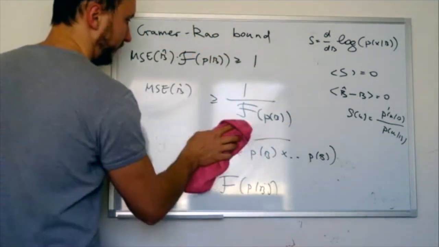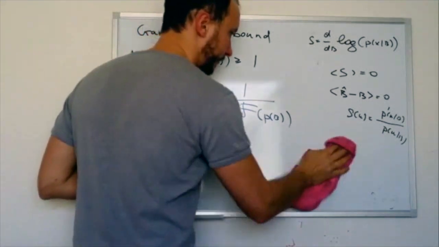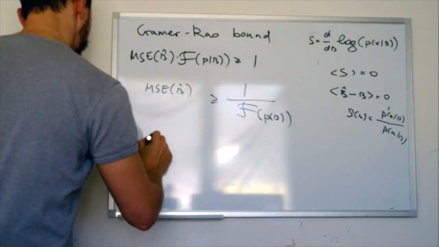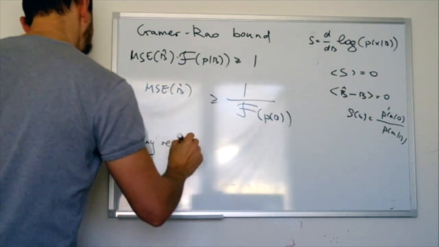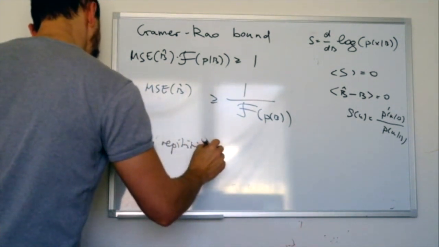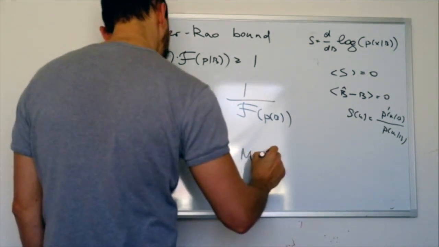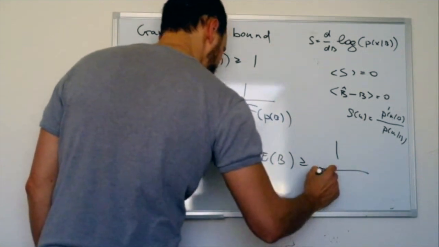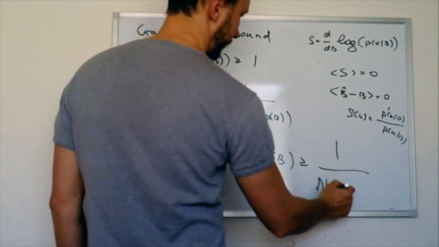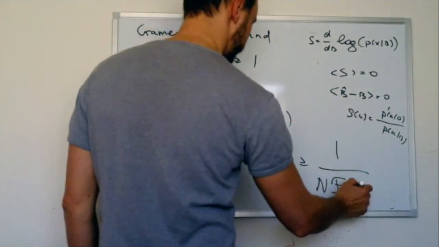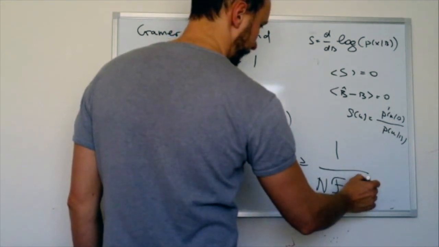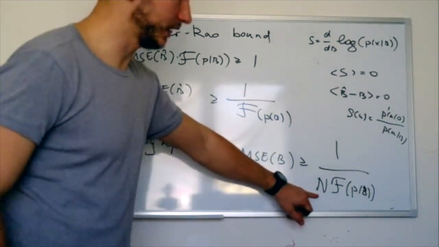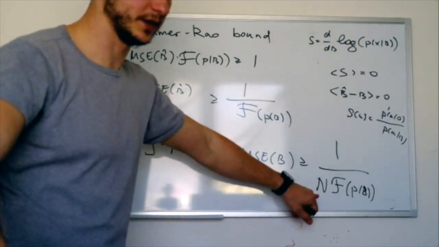So in many repetitions, this additivity of Fisher information will tell you that the mean squared error with n repetitions is directly bounded by the Fisher information of the global data, and this is n times this quantity here. So we'll just have the n, as we had before for the coin. For the coin we had the n in front.